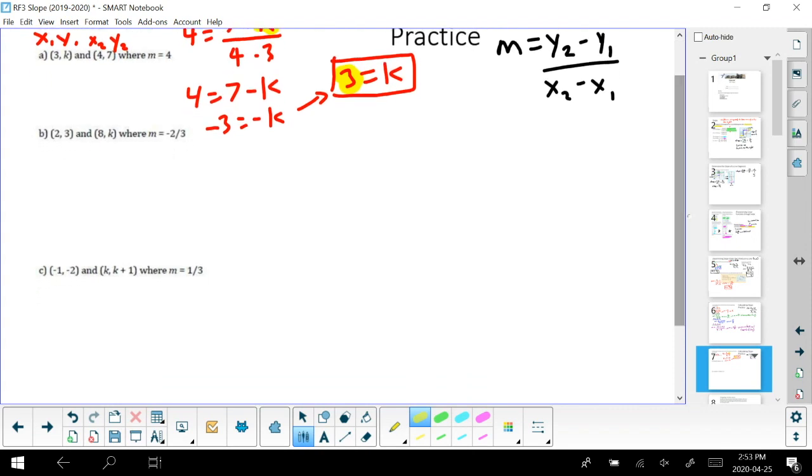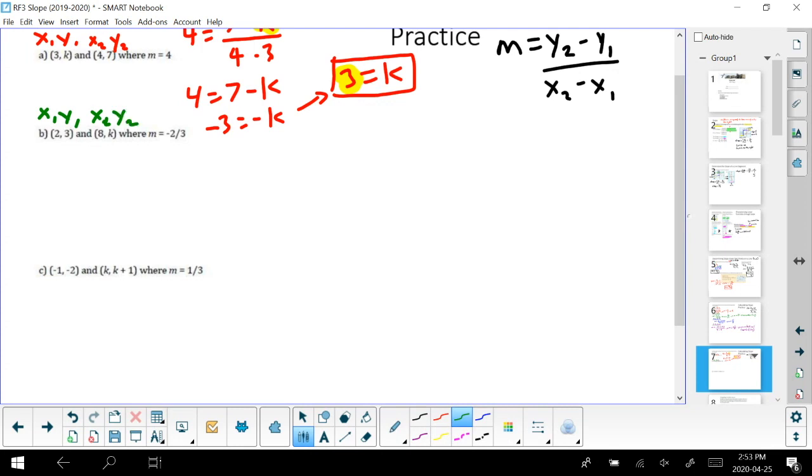Second example says we have 2 points, (2, 3) and (8, k), and m is now negative 2/3. Again, we're going to start off by labeling your x1, y1 and your x2, y2.